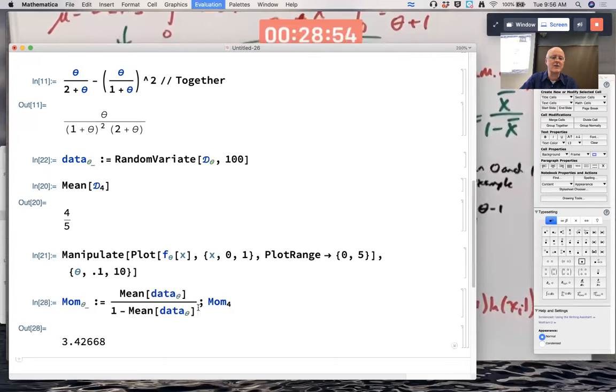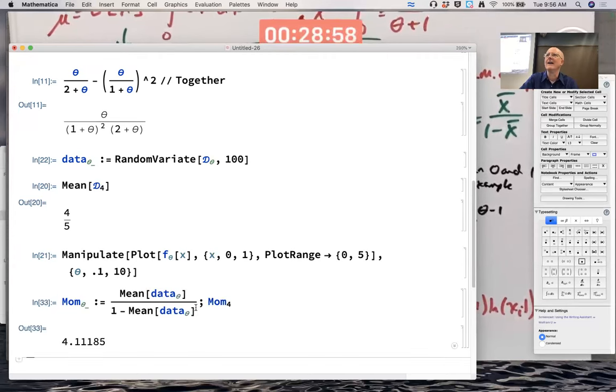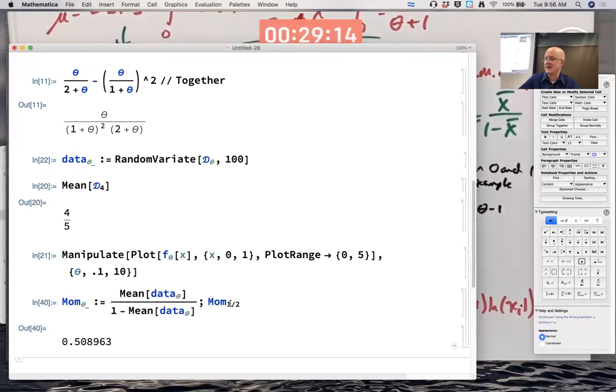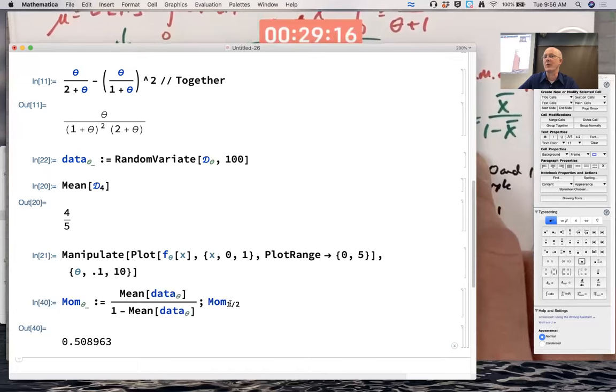Yeah, okay, generally close to 4. If theta were 3, is it close to 3? Yeah. If theta is 1/2, is it close to 1/2? Yeah. This is helping me believe this is a good estimator. It's not a proof that it's unbiased or anything. But it's not doing too bad.